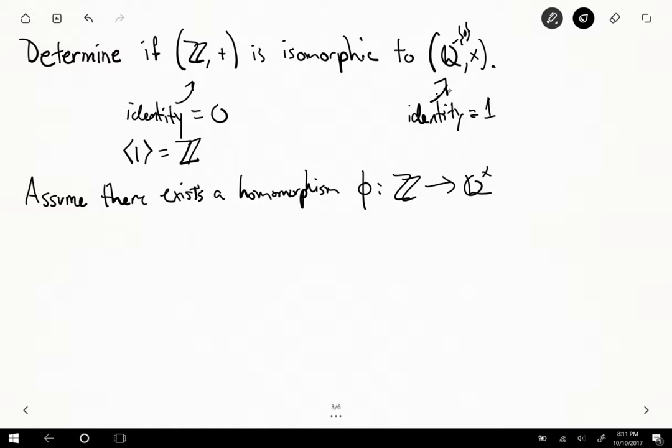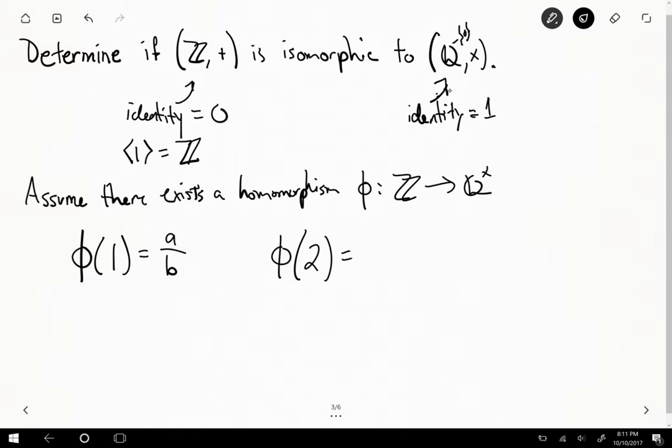So where do we go from here? Let's see what happens with phi of 1. We know it's mapping into the rational numbers, say a over b. Then let's see what's going to happen with phi of, let's say, 2.